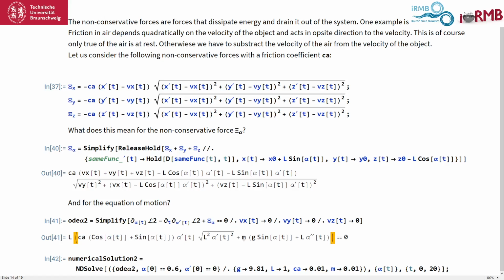Therefore we cannot divide by M. So obviously, without friction, the mass doesn't count. You drop something on the moon, everything drops the same way. Now, once there is friction, then obviously the mass changes the behavior. So this is what we observe here. Therefore you have to specify the mass.